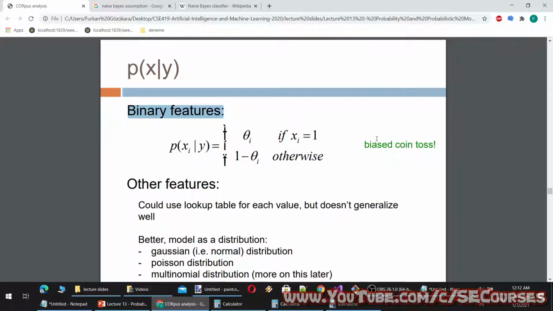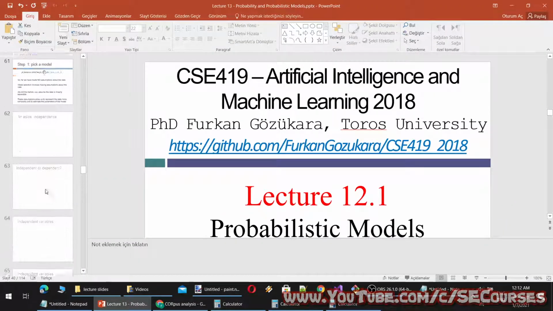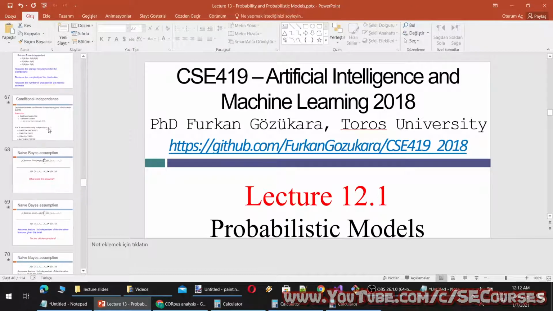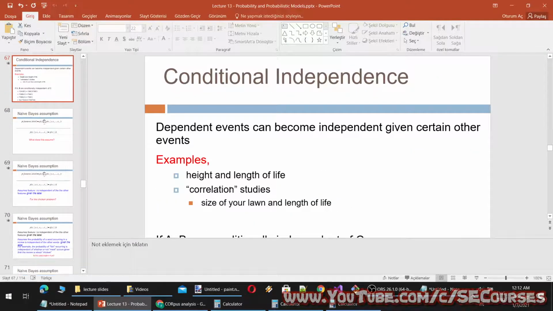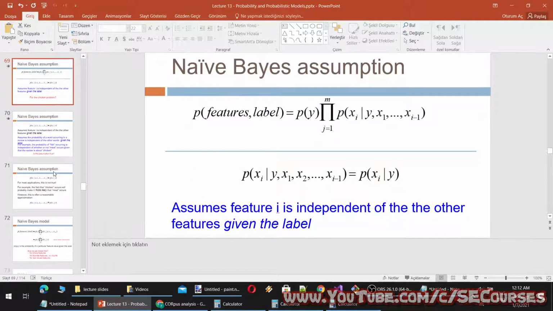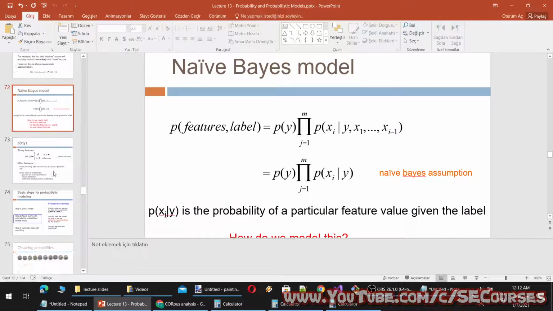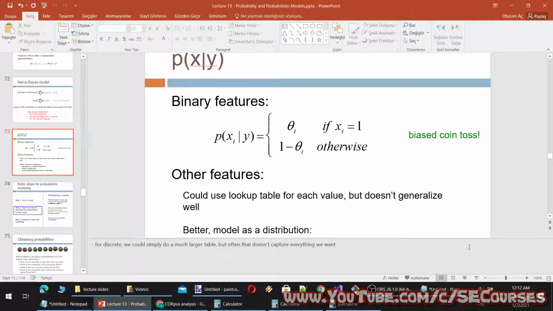So for binary features such as coin toss, let's see it from the PowerPoint slide. Okay, so it is like this.